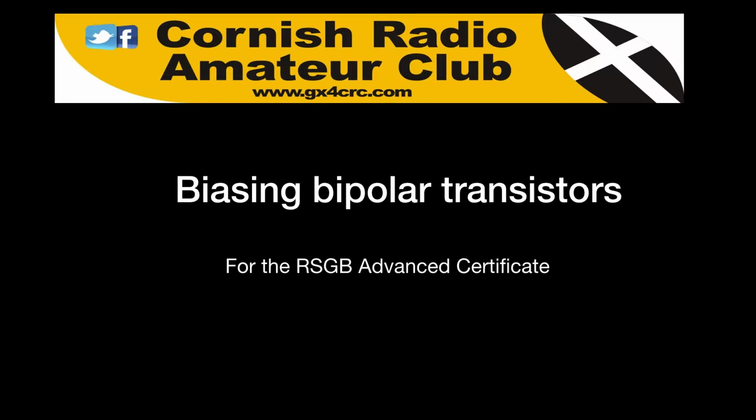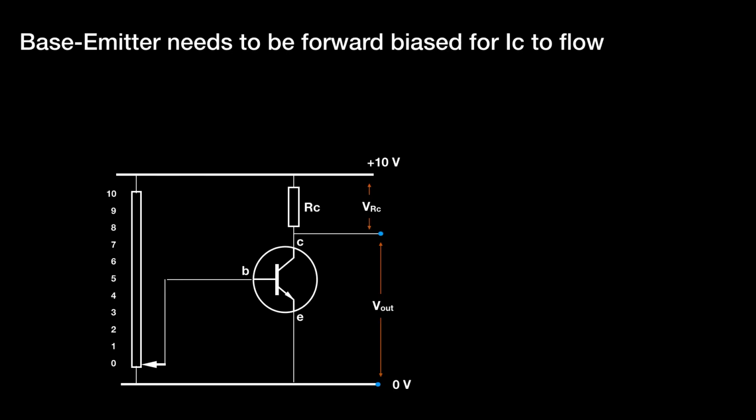Okay, so we remember that the transistor is a current amplifying device, and we're going to have a look here at a sample circuit. We remember that the base emitter needs to be forward biased for collector current to flow.